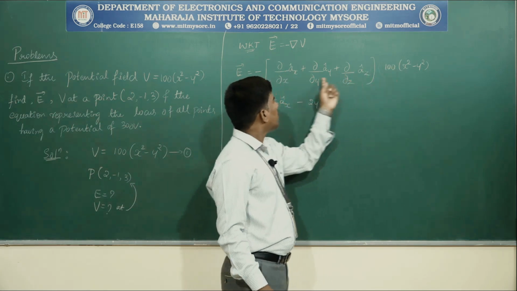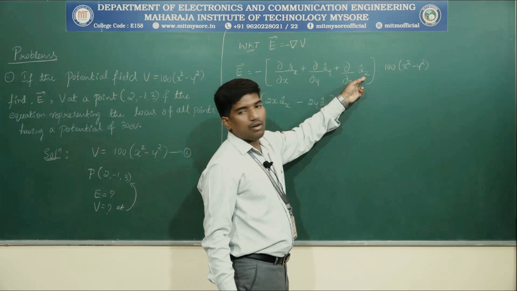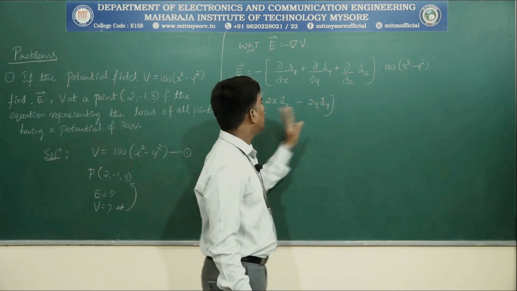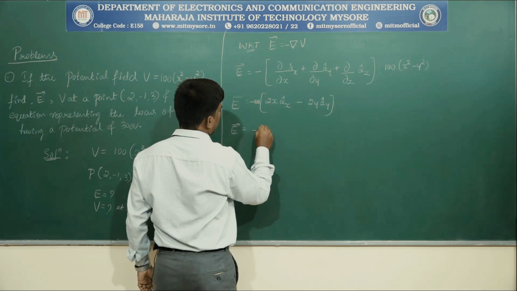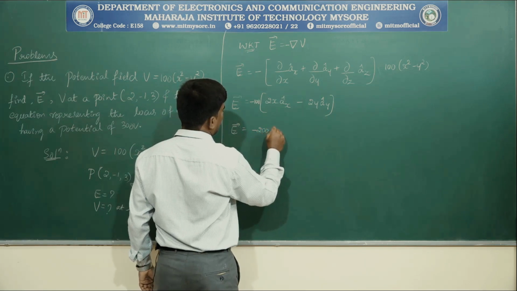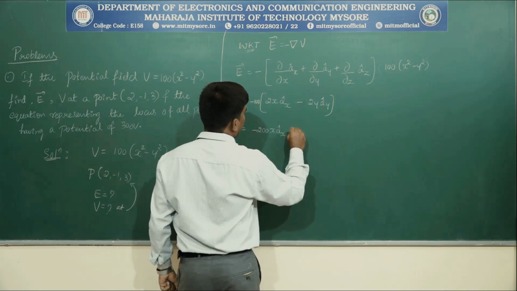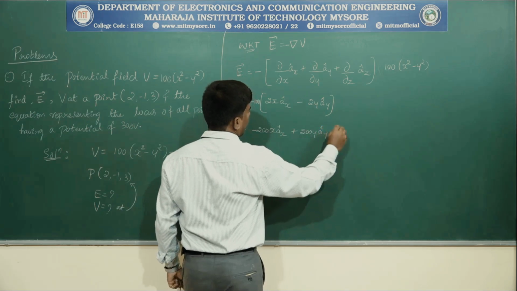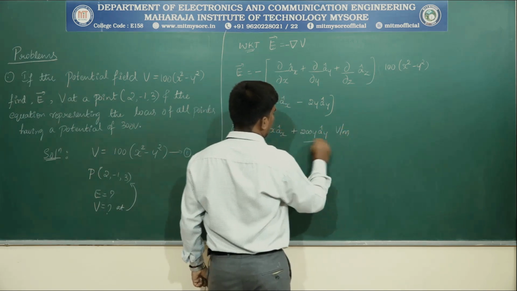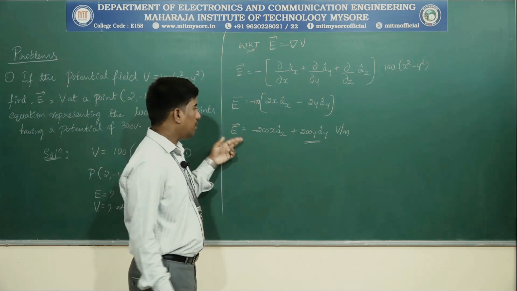Differentiation of y square with respect to y is 2y into 1. Z component is absent, so no need to write that. Then E is equal to minus 200x a cap x plus 200y a cap y volt per meter. This is the expression for E, electric field intensity E.